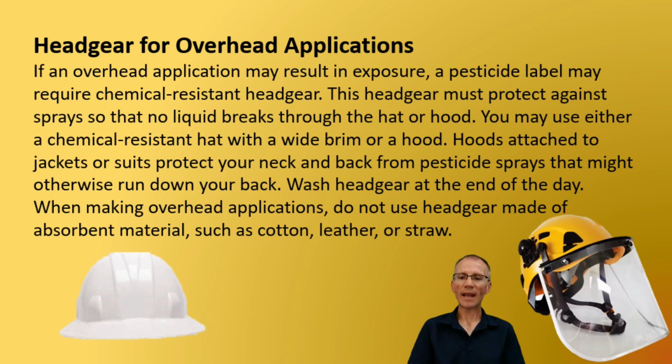Keeping all that in mind, this is why headgear is so important. I really like the hard hat with the face shield. I think that's really good protection, but it's not always needed or applicable. And if you walk into somebody's residential yard with that, you may have a whole other issue where they're really freaked out about what you're doing. So just make sure when you're treating overhead, you have the correct headgear, and sometimes that would include even a face shield.